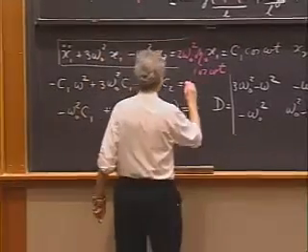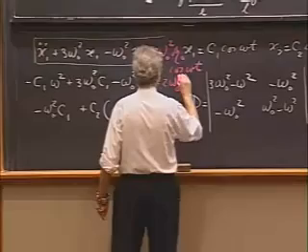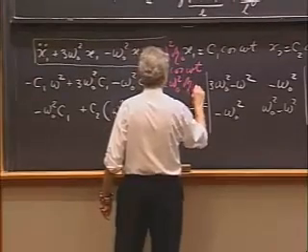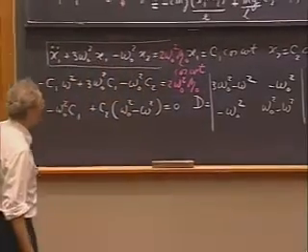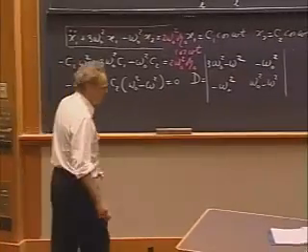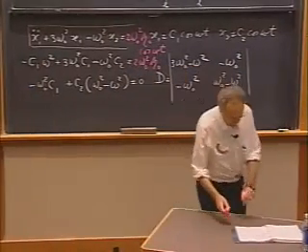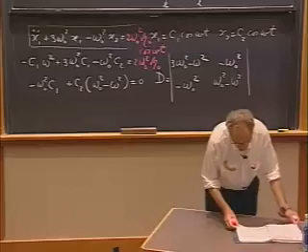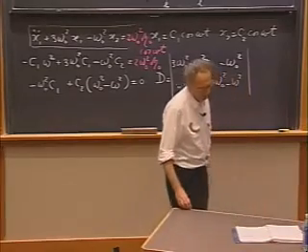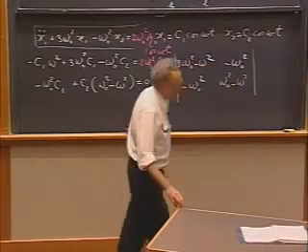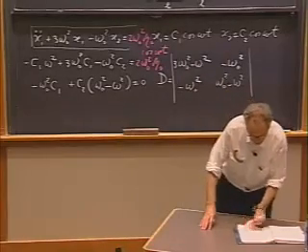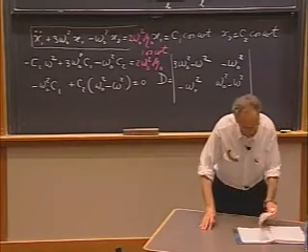So we end up here with 2 omega 0 squared times eta 0, and nothing else changes. But now we're looking at our solution for C1, and our solution for C2 in steady state.